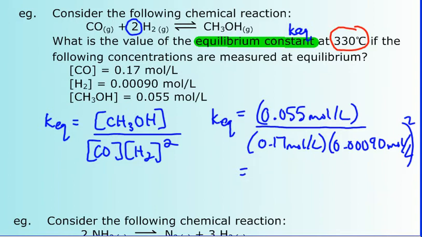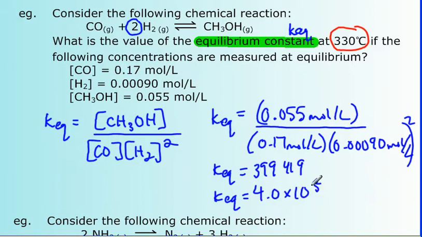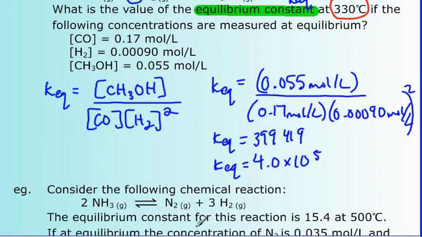I've got 0.055 divided by 0.17 divided by that number, and I come up with a number which is about 399,419. Let's round that to two significant digits. I get 4.0 times 10 to the 5 for my KEQ.